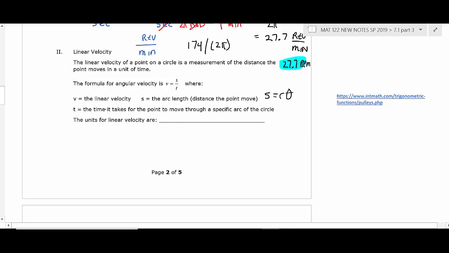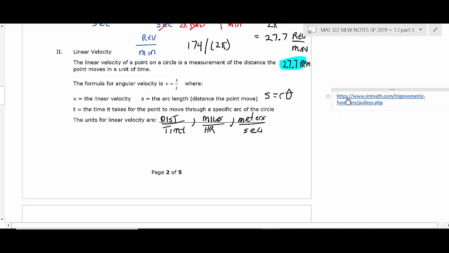And t is the time it takes the point to move through a specific arc in the circle. The units are a distance over a time. An example would be miles per hour, which is what you're used to when you drive your car, or meters per second. That's just a distance over a time.